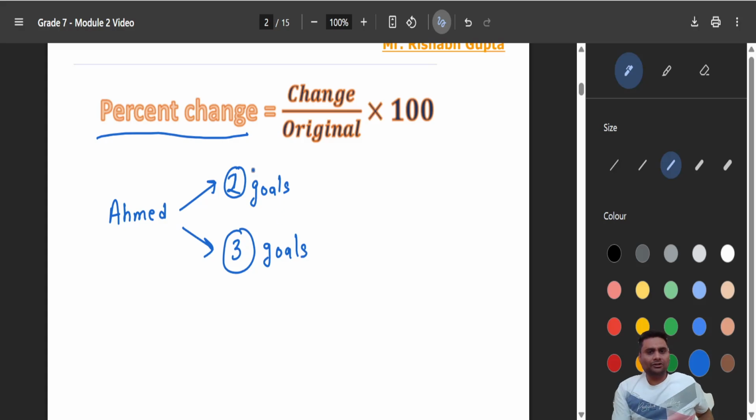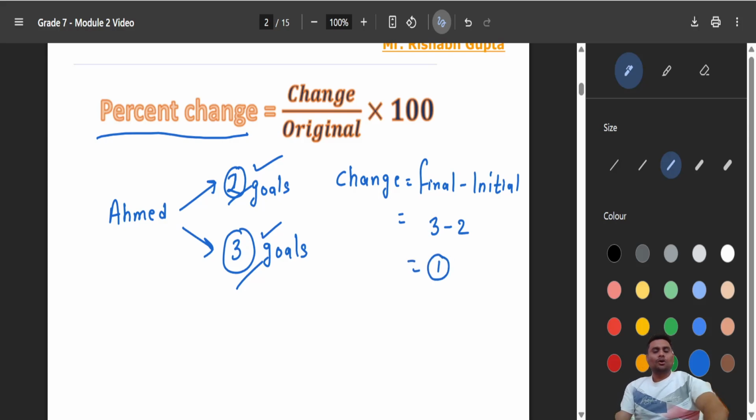If I ask you, what is the change in the number of goals? Change is always the final value minus the initial value, or original value. So the change is 3 minus 2, which is 1, meaning he made one extra goal in the second match.